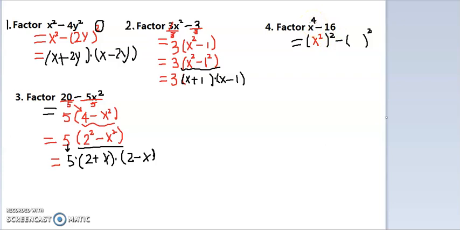So again, we're reversing multiplication. Now 16 is 4 squared. So now we have two perfect squares, and we can apply the formula. So here is a little tricky because we have 2 copies of x squared.